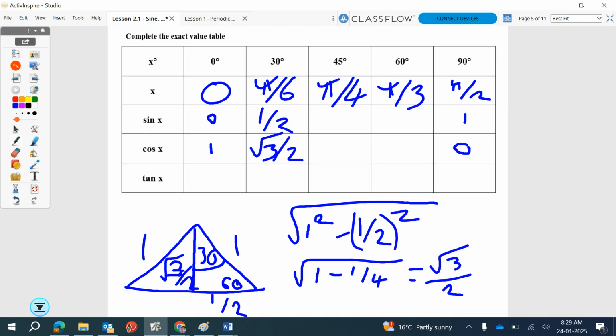Having this one as the defined angle, it's now 60 degrees. The opposite is root 3 over 2. You saw me drawing that one in earlier. So this is root 3 over 2. The adjacent is a half. So this one is a half.